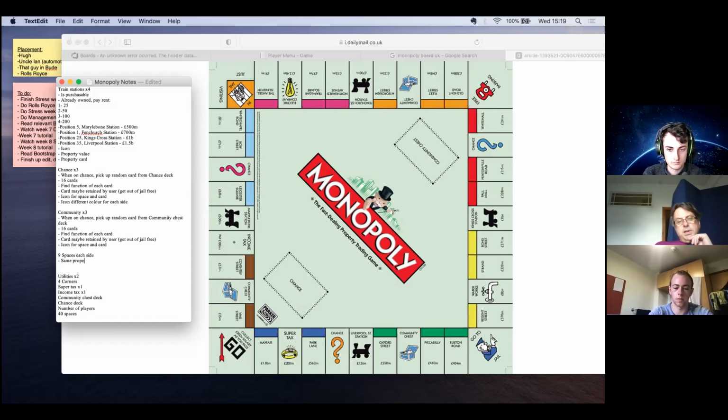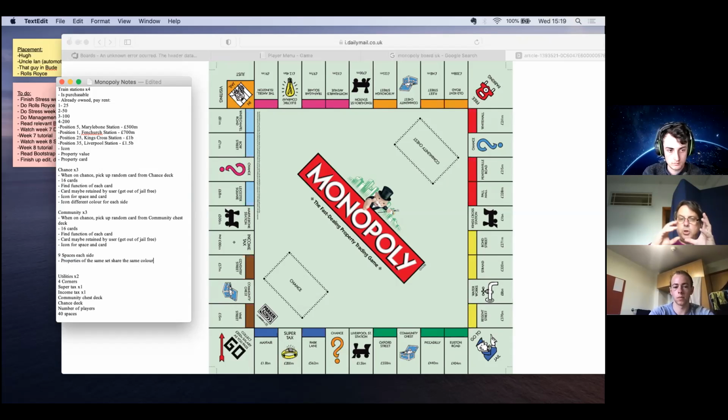So it's like they're in a set, isn't it? Yeah. So properties of the same colour are in the same set.